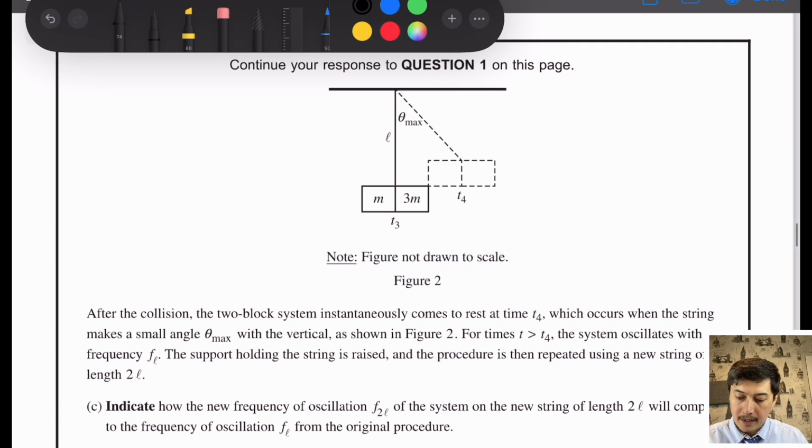Next, after the collision, the two-block system instantaneously comes to rest at time t4, which occurs when the spring makes a small angle theta max with the vertical as shown in the figure. For times t more than t4, the system oscillates with frequency f_L.